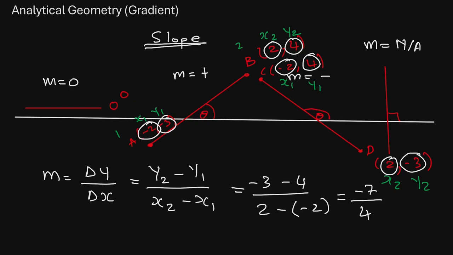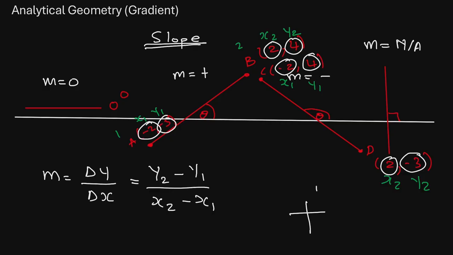So let's say, for example, we want to look at the vertical line. Remember, if you have a vertical line on a Cartesian plane, that means the value of x is the same throughout the line. But the value of y will change as much as it can, while the value of x will be the same.